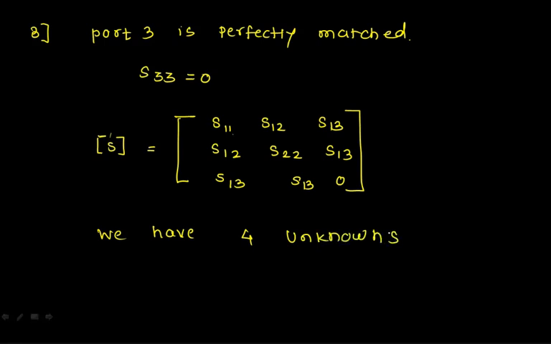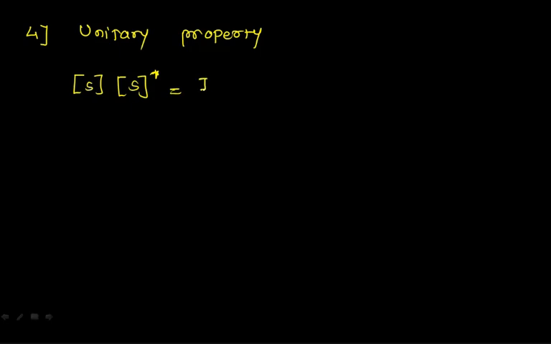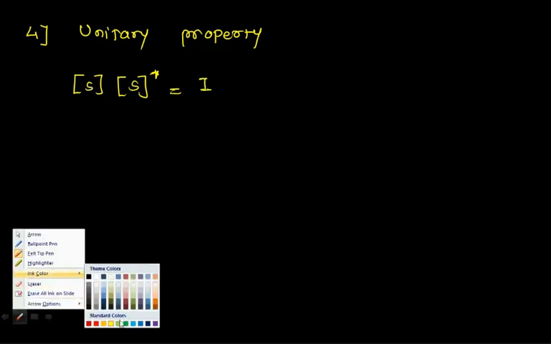So if I go through all these 4 unknowns, now here I'm going to use my next property, that is the property of unitarity. What that unitary property tells me is that the complex conjugate of that particular matrix, if I multiply it with that matrix, I'll get a unit matrix of order 3 by 3. Okay, so I'll put all those values over here again.